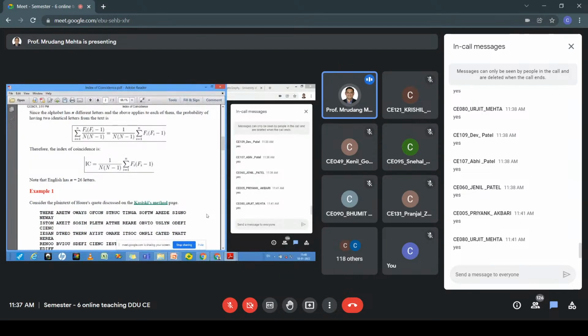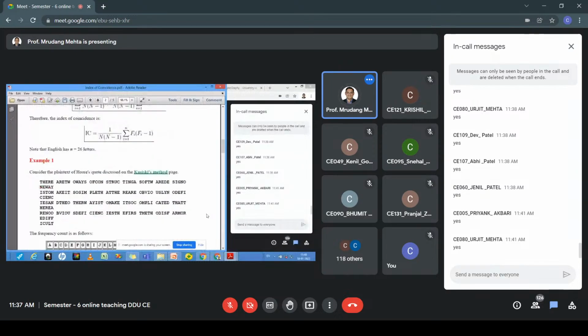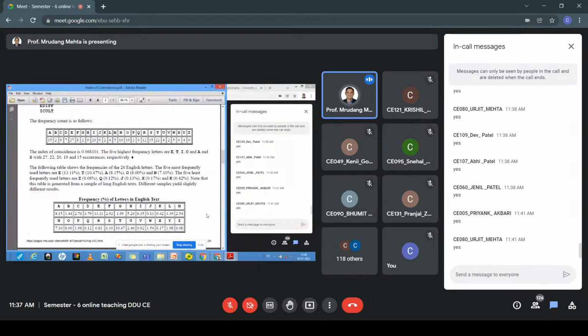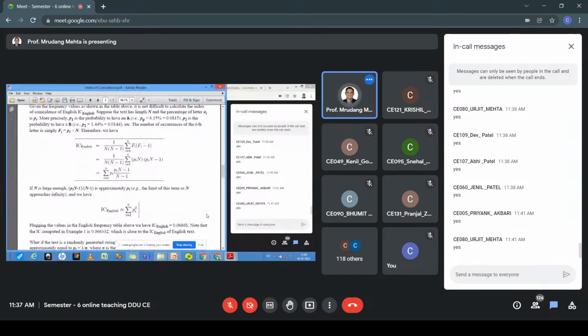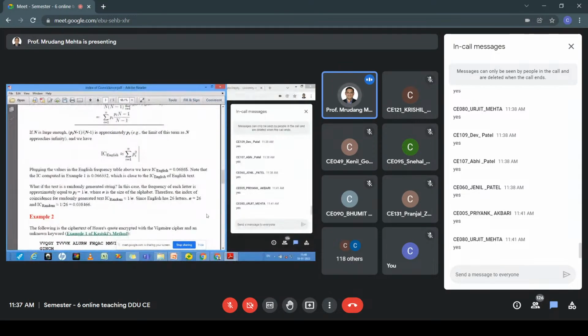Because it is English plain text, if we apply the index of coincidence for this particular text, we get 0.068. So we find the IC, index of coincidence, for this text.